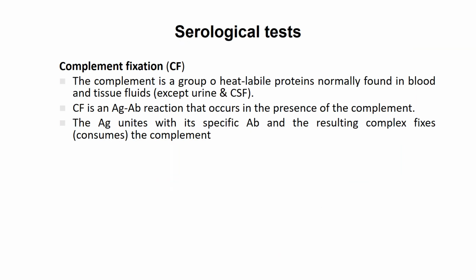The complement fixation test is used to look for the heat shock protein or other proteins found in blood for the presence of complement. This is where antigen joins with a specific antibody and creates a complex of complement.